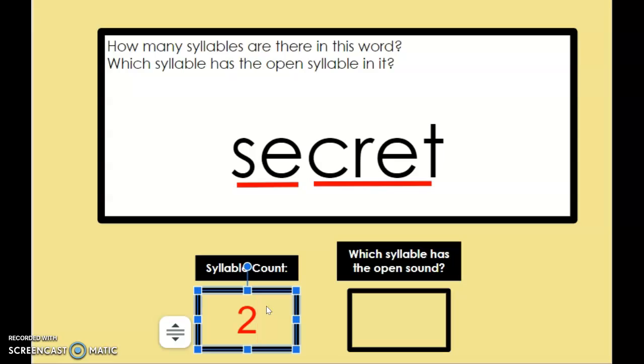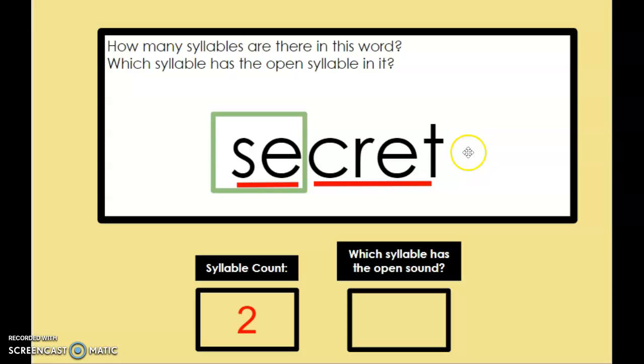Then I need to figure out which syllable has the open syllable in it. My options are se or cret. Well, I notice that se ends in a vowel and it is that long vowel sound. Therefore, I'm going to put my box around se.